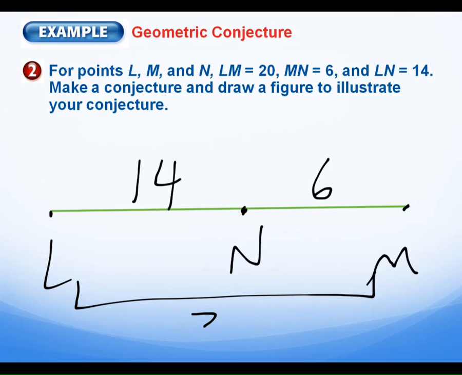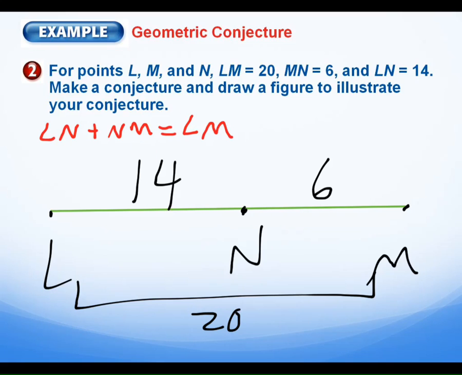That's 20. But yes, your idea was right. One conjecture you can make is that LN plus NM is equal to LM. That's a true statement based on this example. That's a conjecture. I could also say LM minus NM is LN.